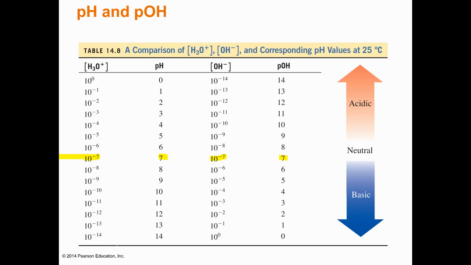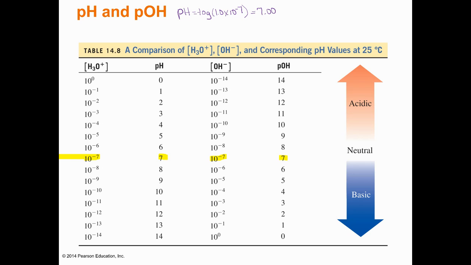Okay, so on this chart, let's start with that neutral. If you take the pH, it's negative log of 1.0 times 10 to the minus 7, that equals a pH of 7.